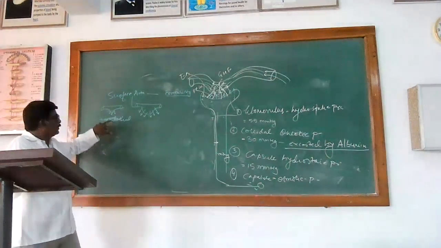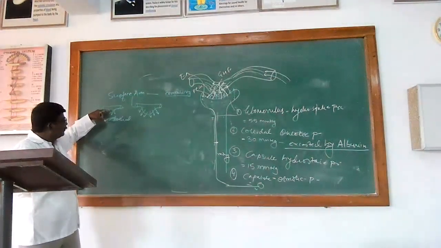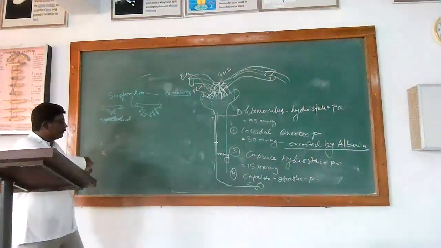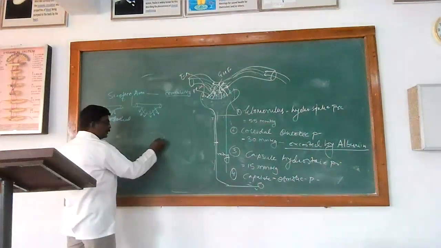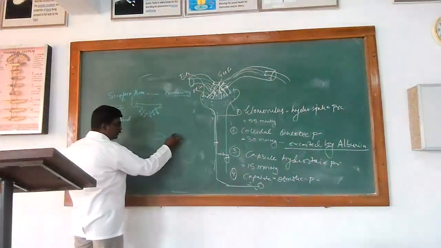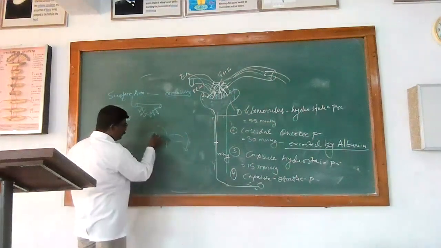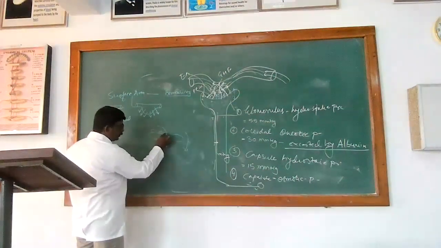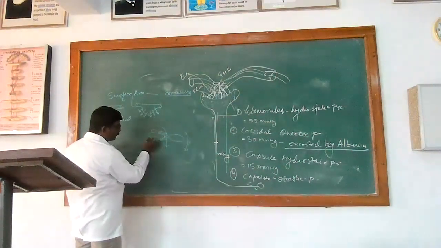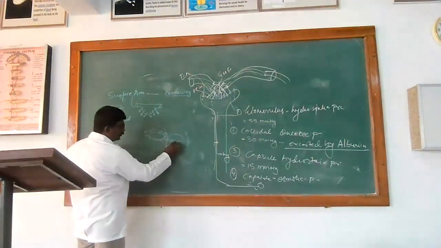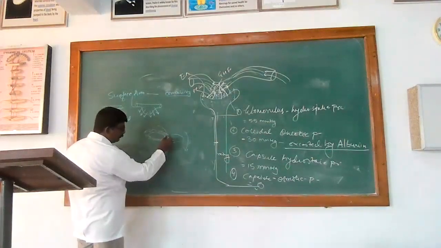Due to this, there is less area for filtration between these cells. Suppose, for example, this is one cell and this is another cell. From here, the filtration is going on. Here there is a deposition of some fats and proteins. So it affects the filtration area.